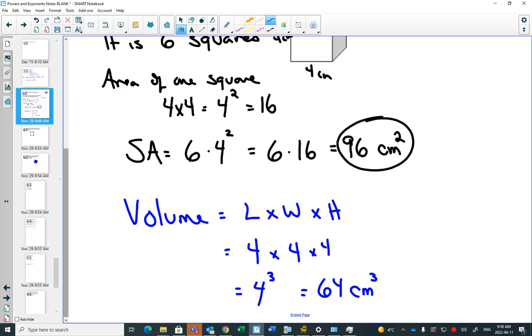Like those small drink boxes that you buy, I think, are what, 200 mils? They're like a little bit bigger than this. If you buy a 1 liter drink, it would fit 1,000 of these little squares in there.